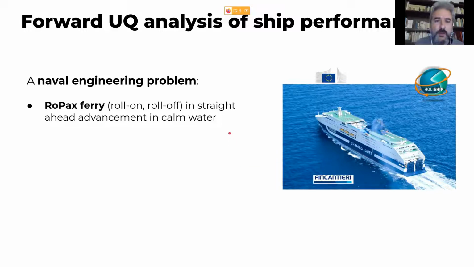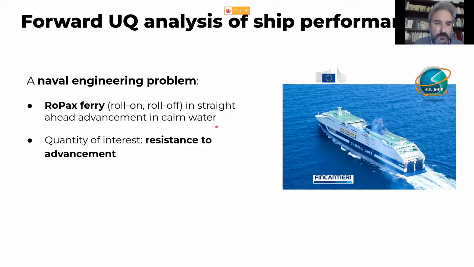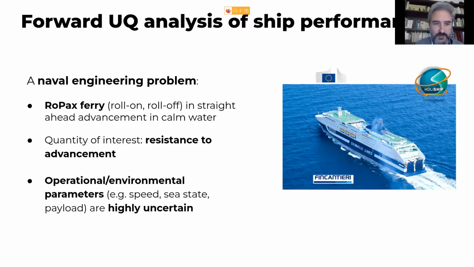This ferry goes in straight advancement in calm water, and we are interested in quantifying the uncertainty on the resistance to advancement, which is the naval equivalent of the drag coefficient of an airplane. So really, the resistance to advancement in water of the ship.